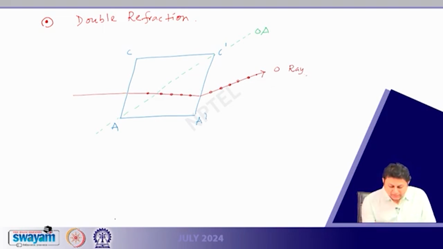However, the other component will start deviating from here and go in another direction, and this component is parallel to the direction of the optic axis.